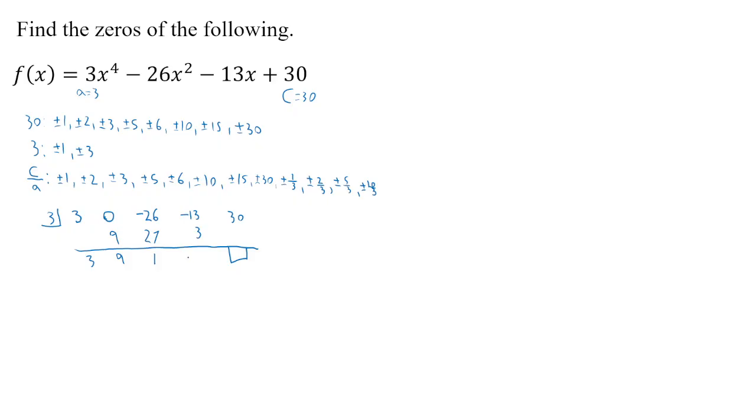Negative 13 plus 3 is negative 10. And 3 times negative 10 is negative 30. And 30 plus negative 30 is 0. So as you can see, the remainder is 0. Therefore, 3 is one of your 4 actual roots.